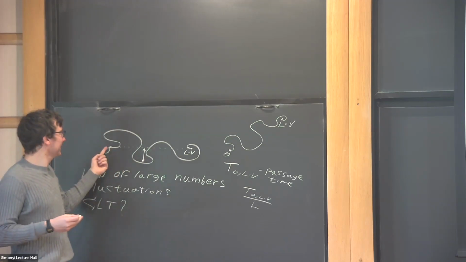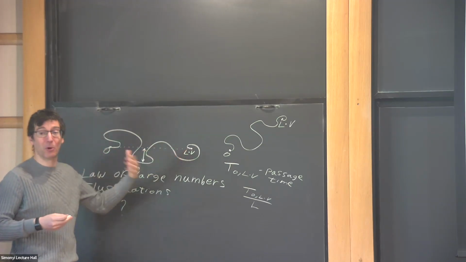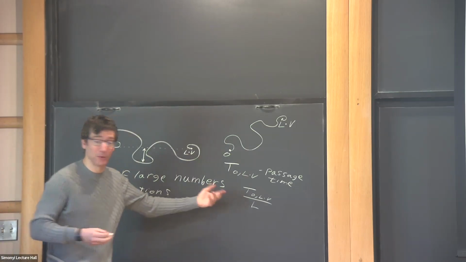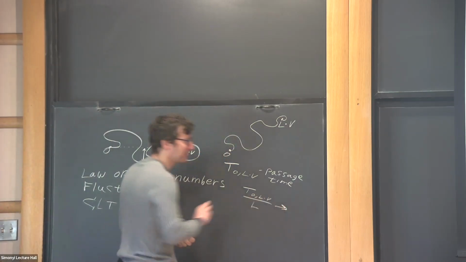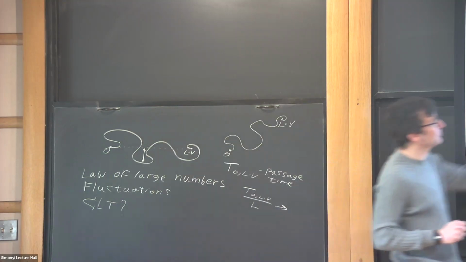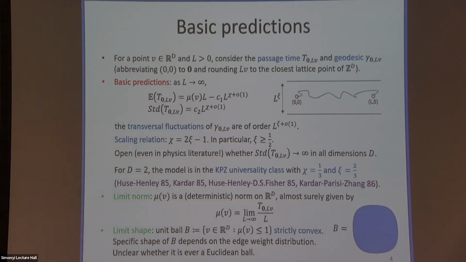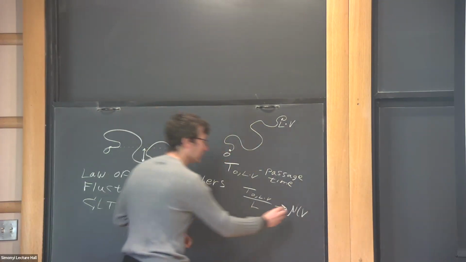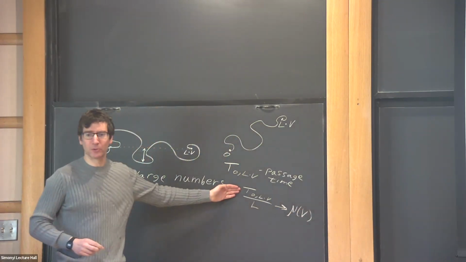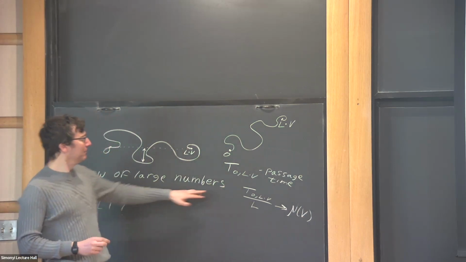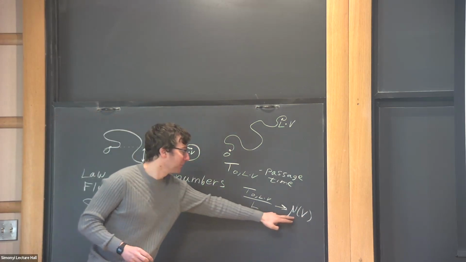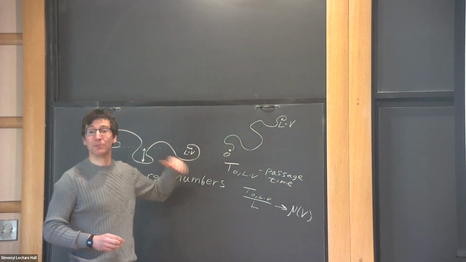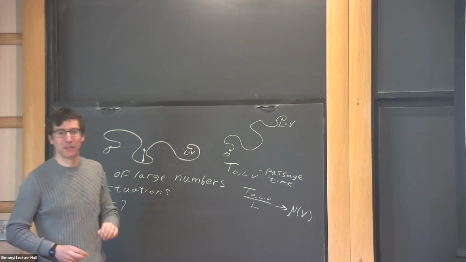So it is clear that the minimal length to go will be of order L. This is obvious. But does this converge somewhere? So it turns out that it does converge somewhere. And on the slides, I've written that as mu(v). This is predicted, and as I'll say in the next slide, this is actually proved. So on the first order of magnitude, of the order of the law of large numbers, the passage time is some constant times L, and the constant could depend on direction, in fact, does depend on direction.